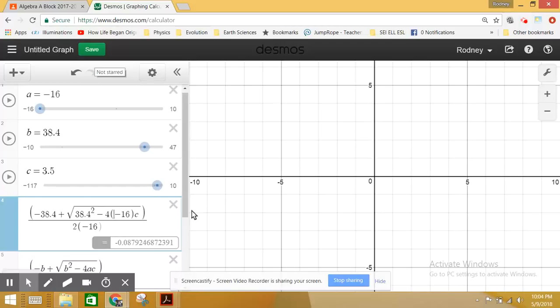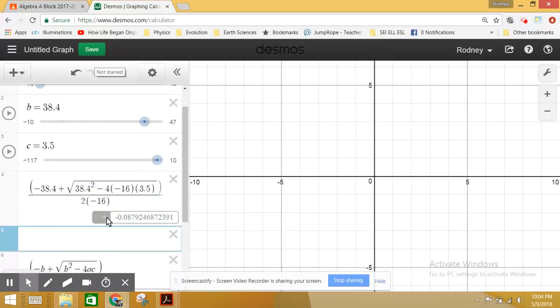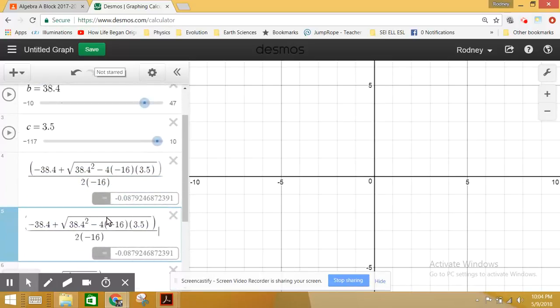And then we find any place our C is and replace it with 3.5. And so we get all that stuff. This is pretty ugly, and it gives us a pretty ugly answer, which we would end up rounding, but that's negative, so we're going to ignore it because that's in the past. And in the past, the football was probably being held by someone instead of sailing through the air.